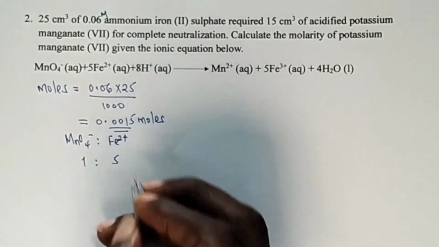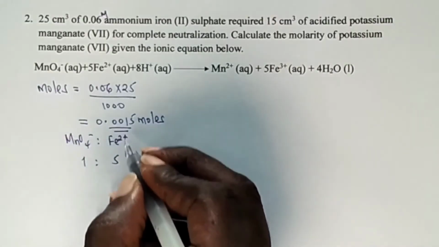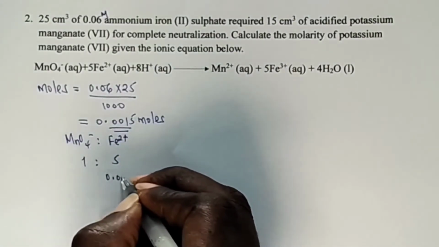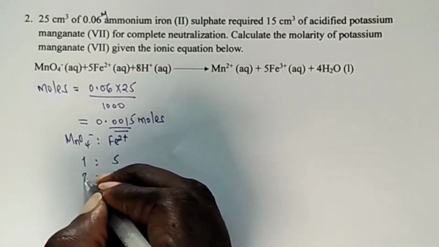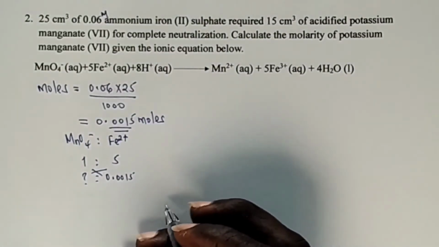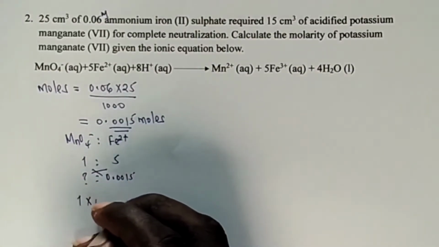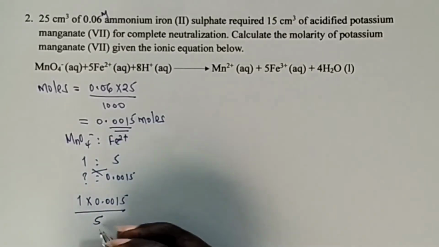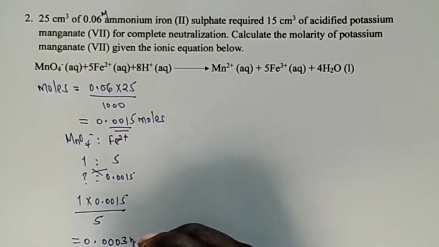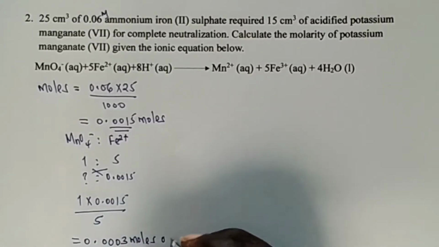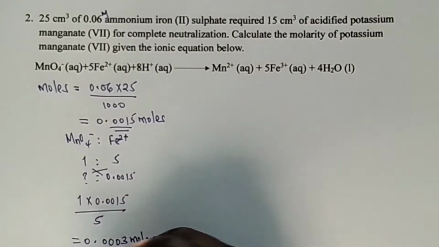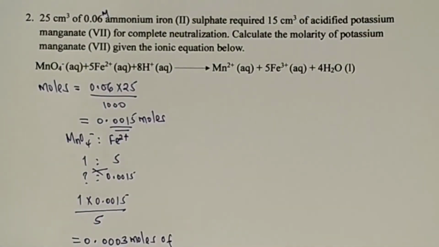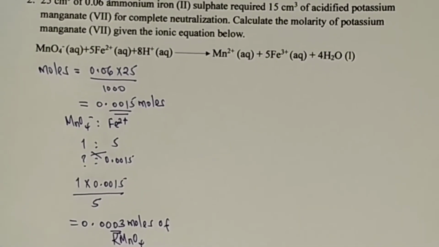So we have the number of moles of iron 2 ion here, 0.0015 moles. So we can get the number of moles of potassium manganese 7. So we're going to have 1 times 0.0015 divided by 5. This we are going to get 0.0003 moles of potassium manganese 7. That will be the number of moles of potassium manganese 7.